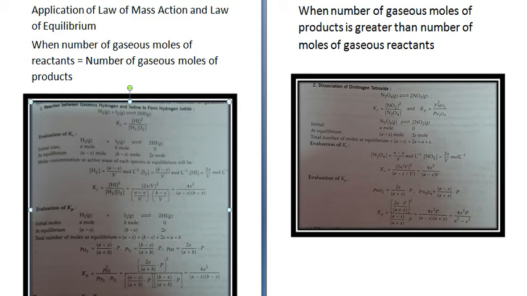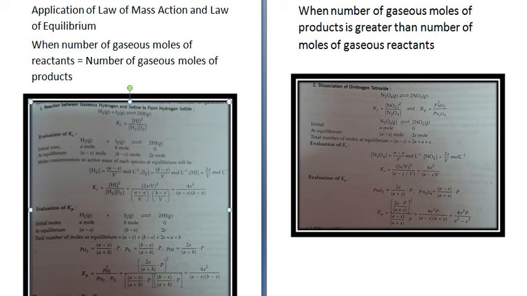Now if you change the concentration, on increasing N2O4, the value of a will increase. To maintain a constant Kc value, x will increase, or more N2O4 will dissociate into NO2. If the concentration of NO2 is increased, it will suppress the dissociation of N2O4.